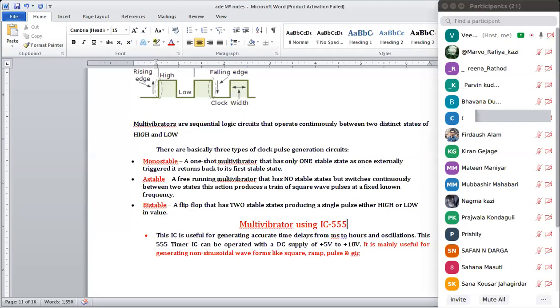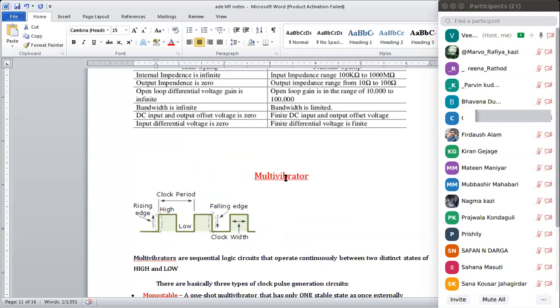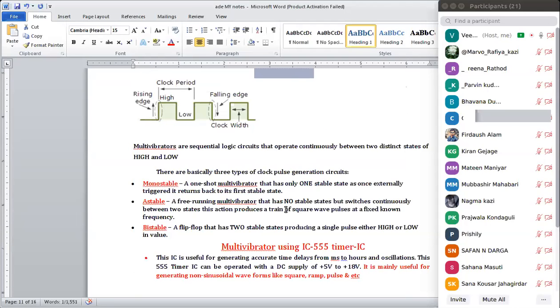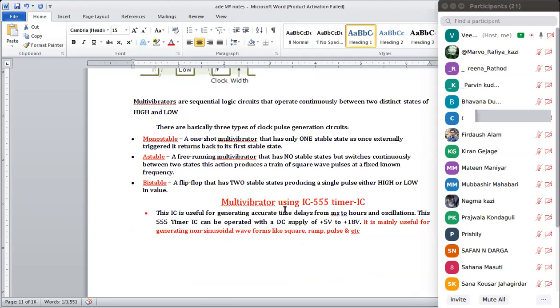555 IC is also called a timer IC. That is what I told, that multivibrators are also used in counter circuits or timer circuits. So this 555 timer IC is used to generate monostable and astable multivibrators.